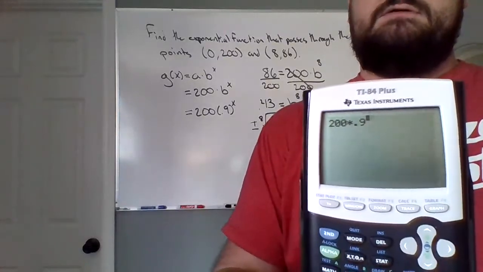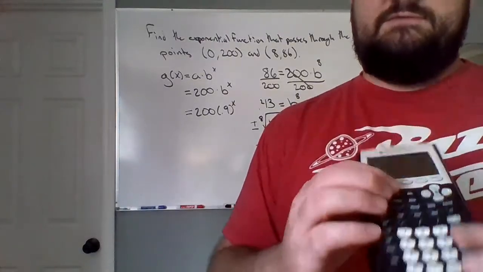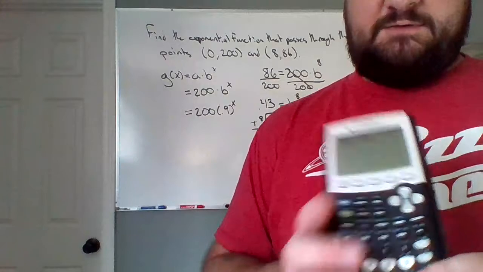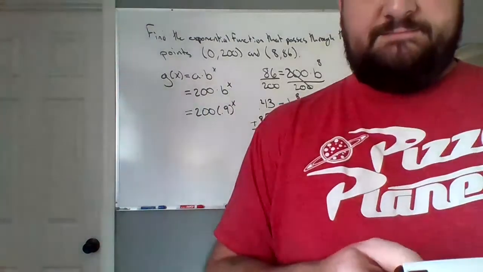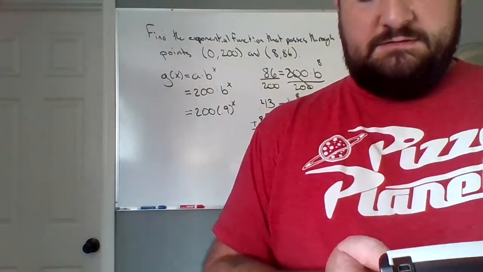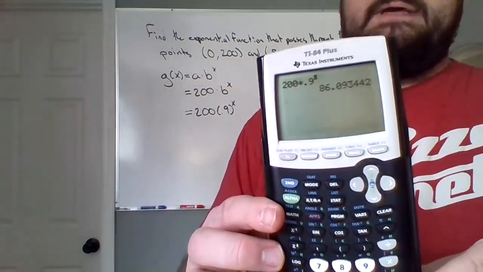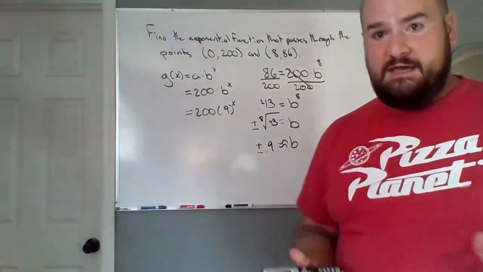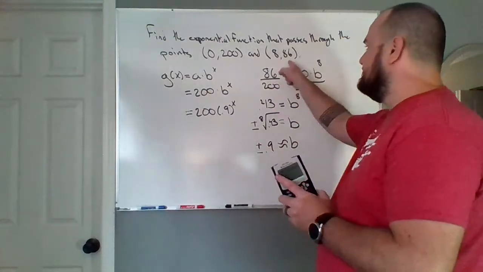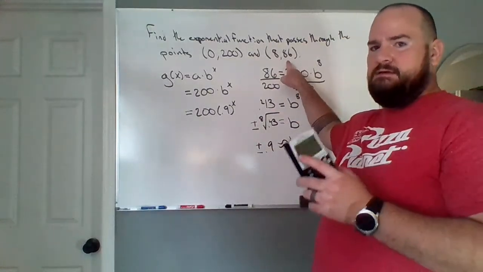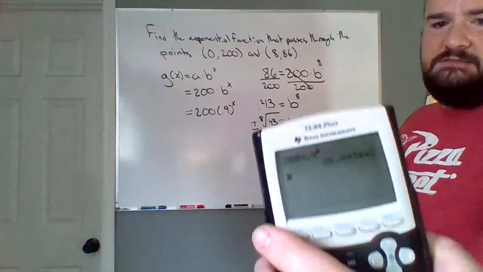So I hit enter. Not negative. Working a calculator backwards is less easy than I thought. Okay. There we go. And I hit enter. And I get 86.09. And we're like, wait, it said 8 is 86. But is that approximately 86?